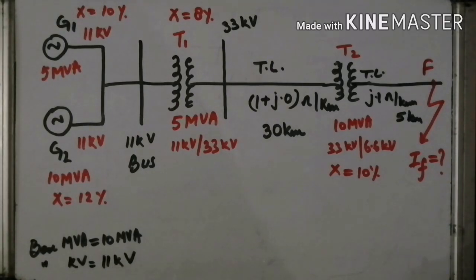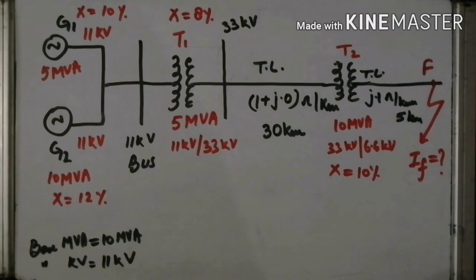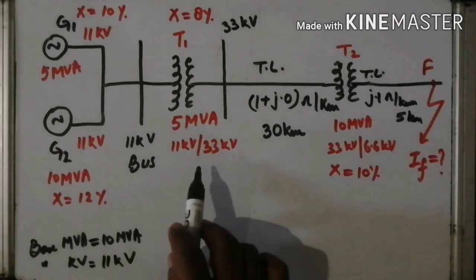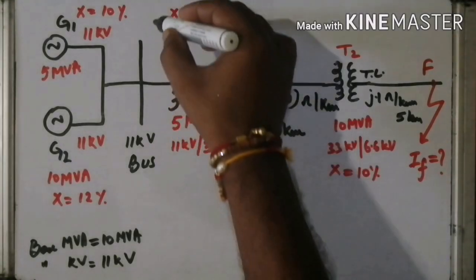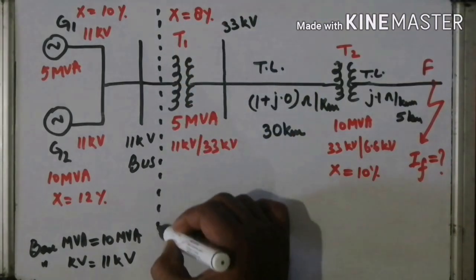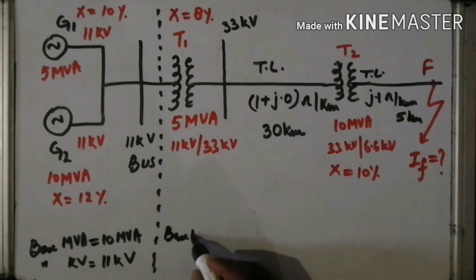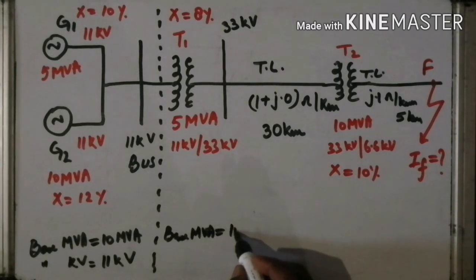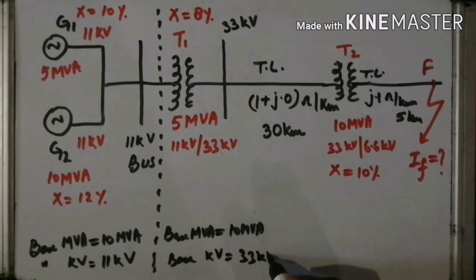The value of the base MVA is same throughout the circuit, and the value of the base kV depends on the voltage ratio of the transformer. Okay, here the base MVA is 10 MVA and the base kV is 33 kV.